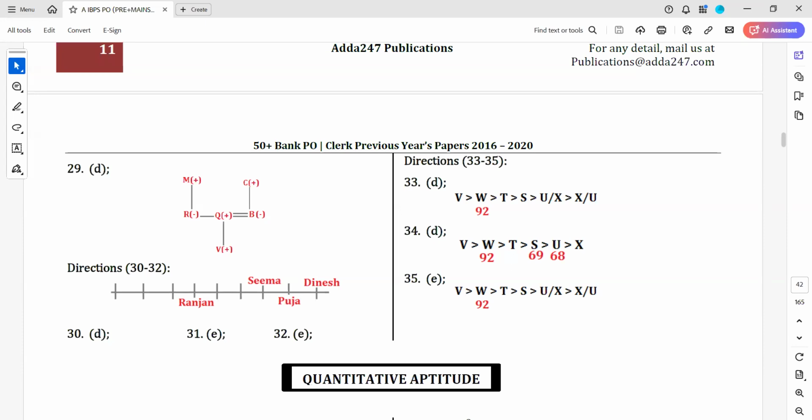Here, there are 6 persons, that is S, T, U, V, W, and X, who got different marks. S got more marks than only U and X. So now in the diagram, you can see this is given clearly.